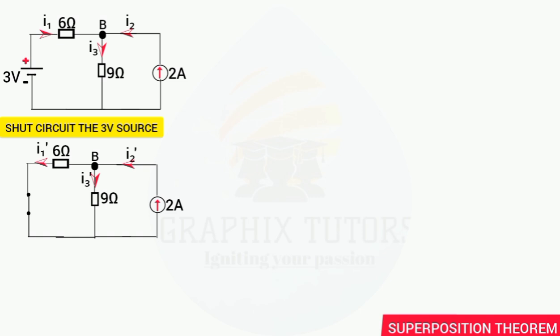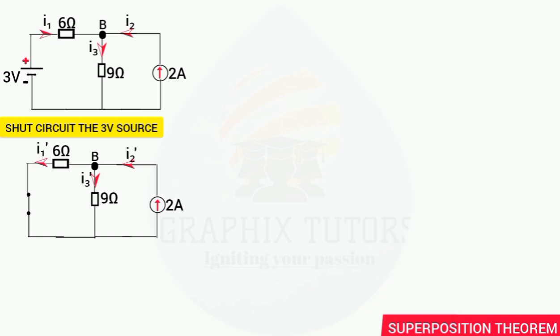So there's no element anymore, it is just a wire altogether. Now because of that, all the currents will start flowing towards the left hand side, because it is only the 2 ampere current source that will be producing current into this circuit.